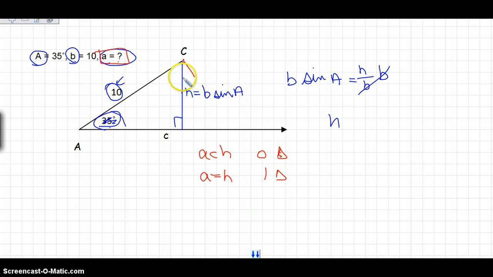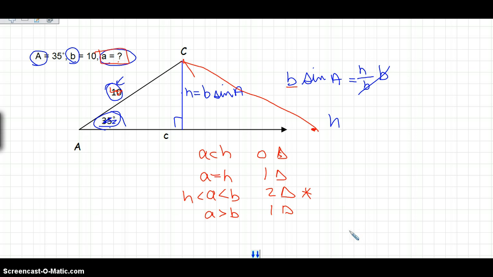If little a is longer than H, but less than 10, well wait, we didn't call that 10 anymore, we call that B. So what I'm going to say is, little a is greater than H and less than B. There's 2 triangles that can be formed. And that's what makes this the ambiguous case, because you'd have to solve for both of those. The other case is that A ends up being greater than B, and that's that case where that triangle's formed way out in here, and again there would be 1 triangle that's formed.